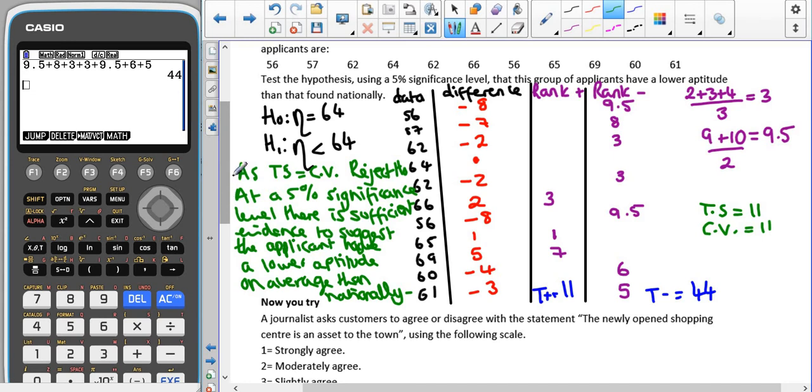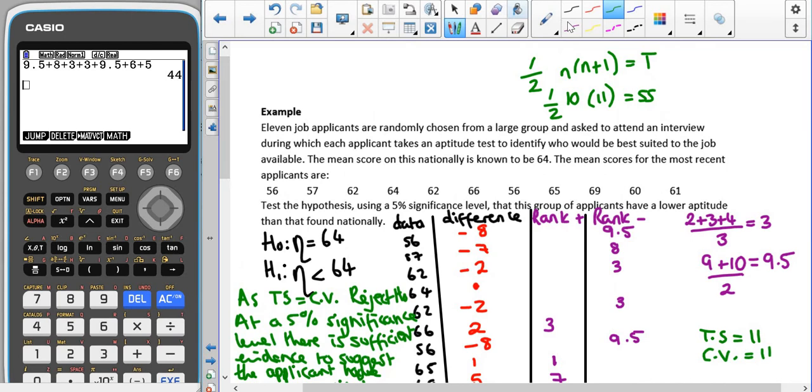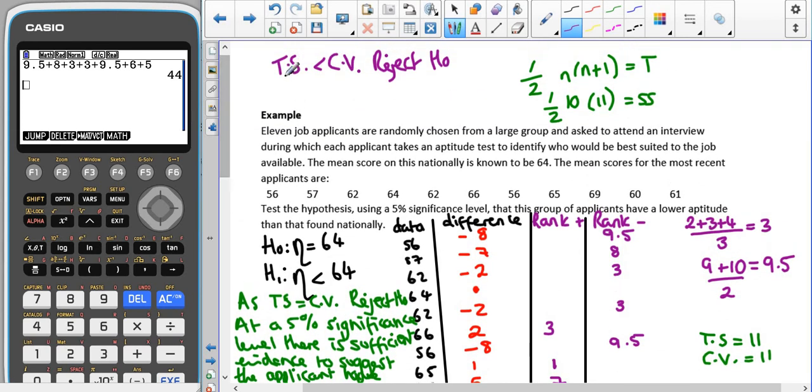Now, if they weren't equal, we need to know what we're going to do with them then. Well, the whole point of this test is to see if the totals differ by enough. So if the test statistic, so the smallest of the totals, is smaller than our critical value, that is when we reject H0, because that means that there is a big enough difference between our rankings so that we are saying, actually, there is a difference.